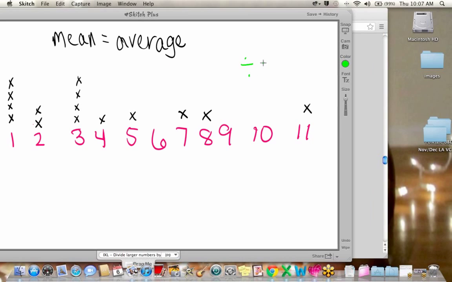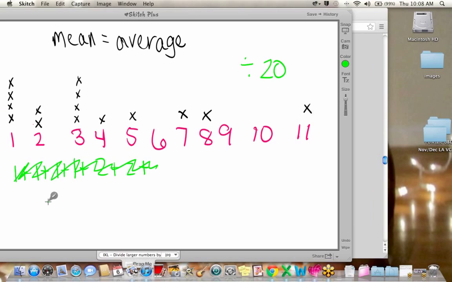So we know the total number of kids was 20. I have to add up all of these values. So I'm going to do 1 plus 1 plus 1 plus 2 plus 2 plus 3 plus 3 plus 3 plus 3. I could make it a little simpler because you guys are good at multiplication.